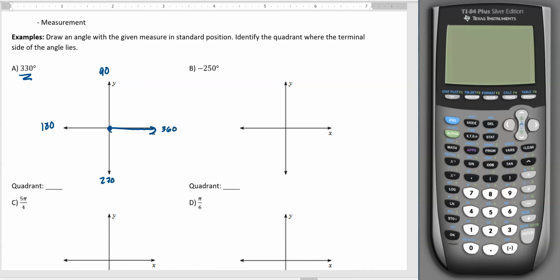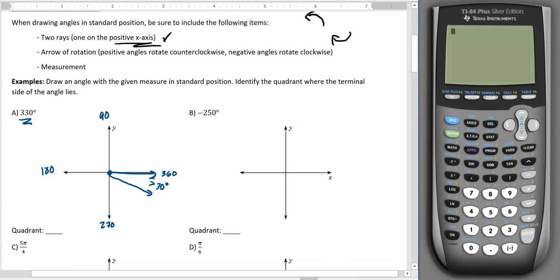My terminal side is going to be just short of 360, like 30 degrees in this space here. So that is my two rays. Now the arrow of rotation tells me, since this is a positive angle, I'm rotating in a positive direction, like so. If I started here, I would go around here to get 330 degrees, and that's my measurement. So this is everything that we need. We have two rays, we have an arrow of rotation, and we state the measurement.